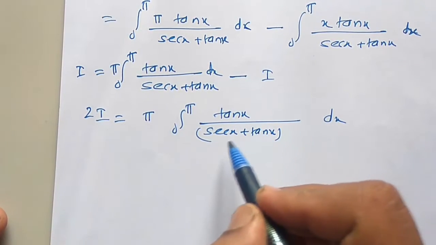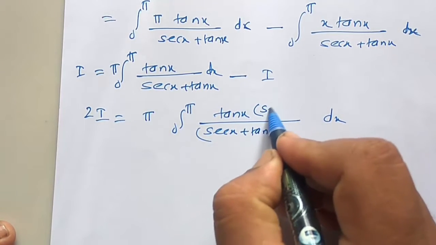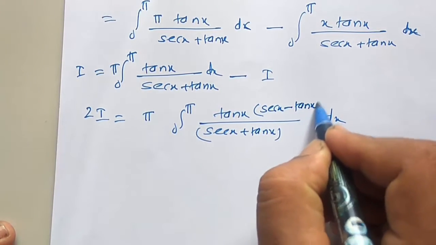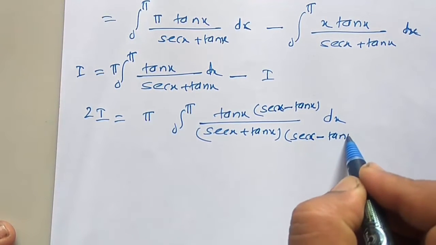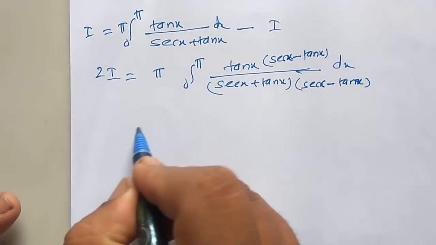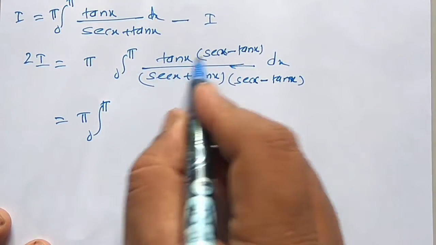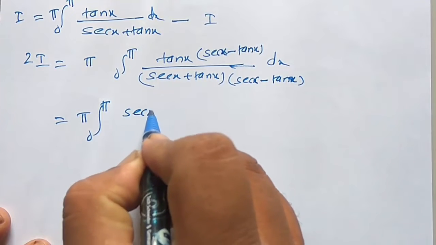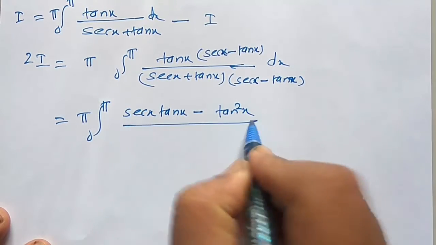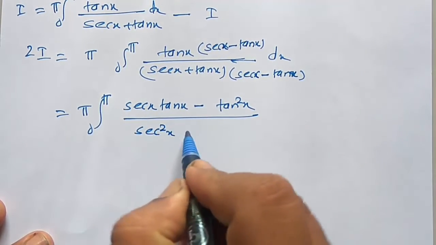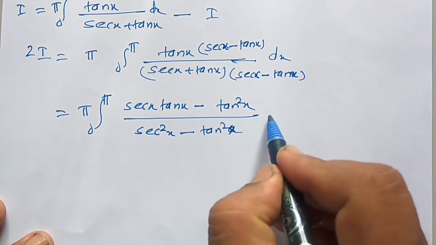Now I multiply sec x minus tan x to the numerator and denominator. Therefore, here it is sec x minus tan x, and here sec x minus tan x. So this is equal to pi times integration 0 to pi of, multiplying inside the bracket, sec x into tan x minus tan square x upon, here it is sec square x minus tan square x dx.